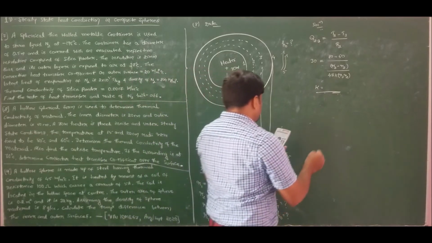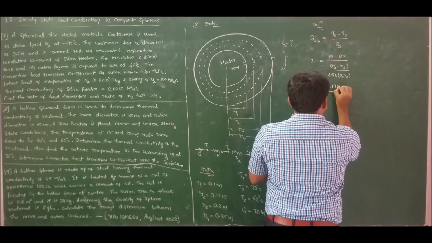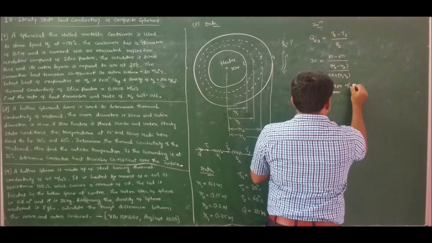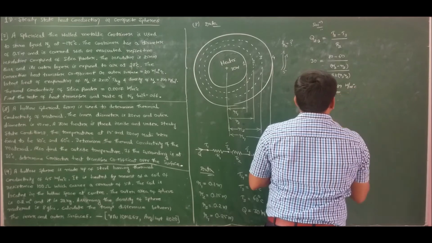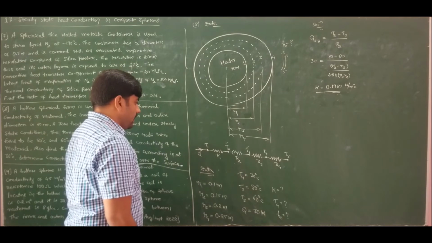Therefore, I will get the thermal conductivity as 0.1989 watt per meter degree Celsius. So we found the value of thermal conductivity K.